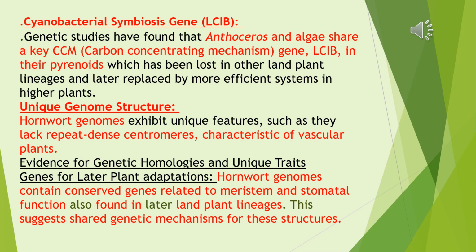That is, the genetic structure of the centromeres have repeated sequences, and that is necessary for their structure and function. That specific type of genetic assembly, that is the repeat dense centromeres, is absent in hornworts.